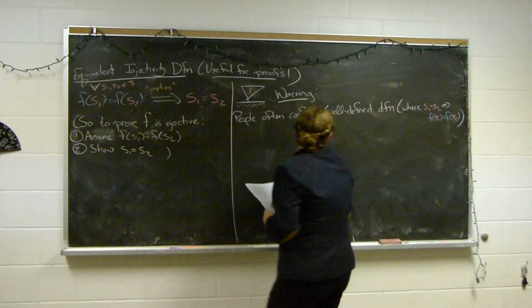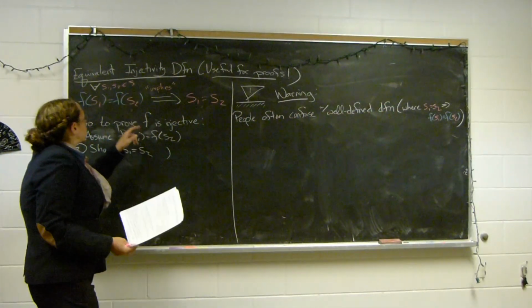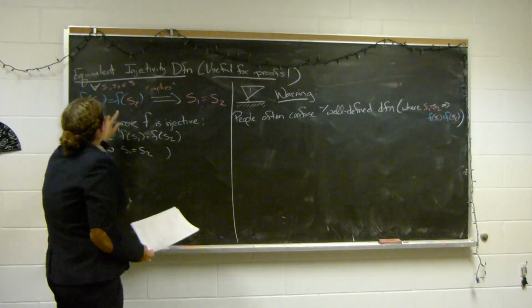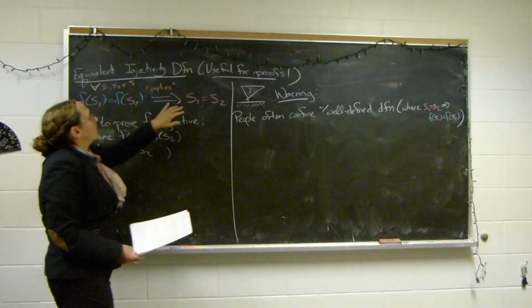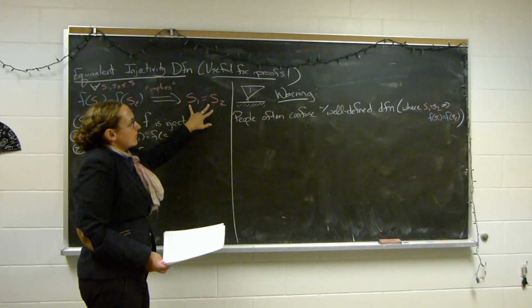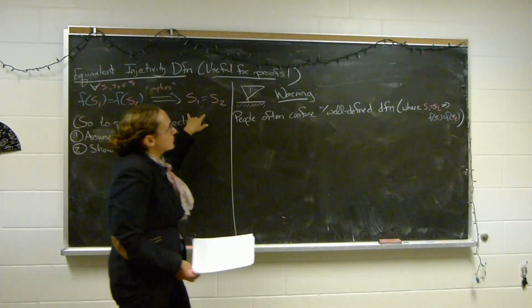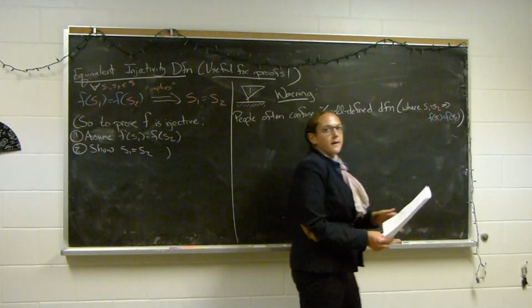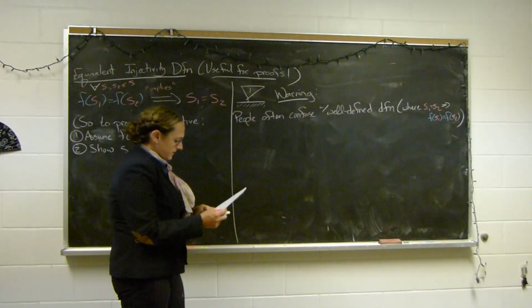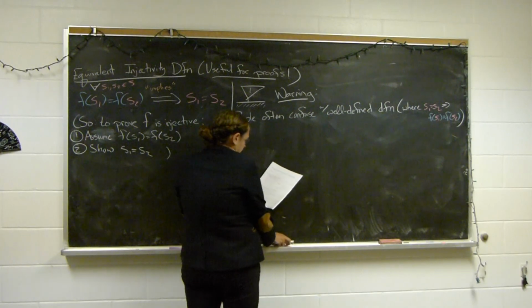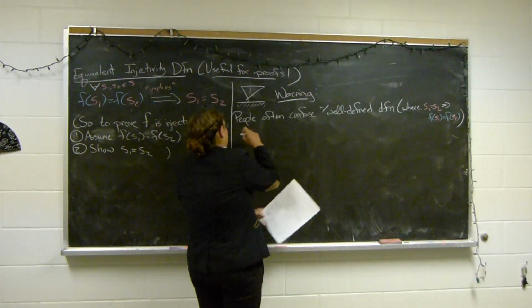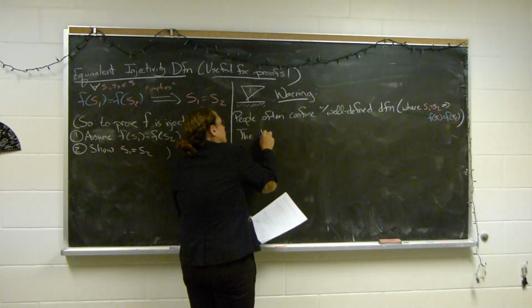So what's the difference between these? My implication is in the opposite direction. Here, I assume that these are equal, and then I need that these are equal. If this is true, then this is true. And then we go in the other direction. If this is true, then that is true. And those are different. That's an important thing to know: implications aren't interchangeable. So the direction of implication is switched.